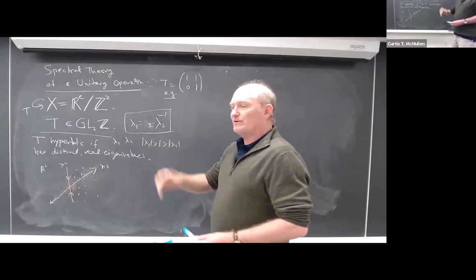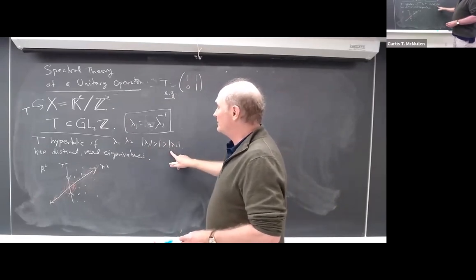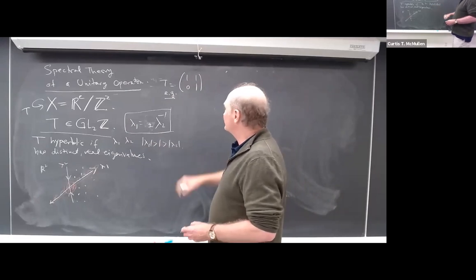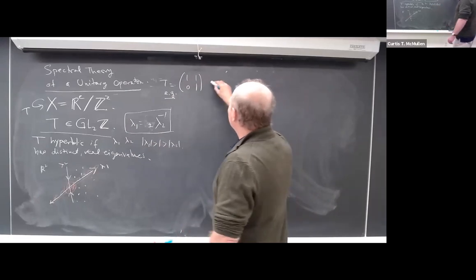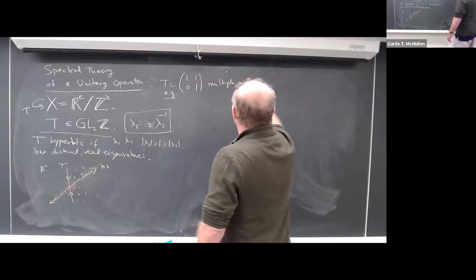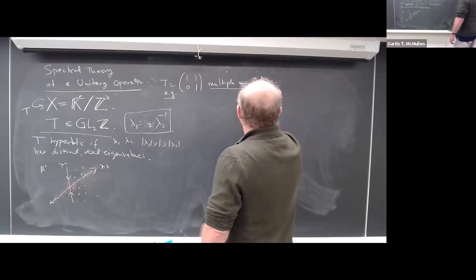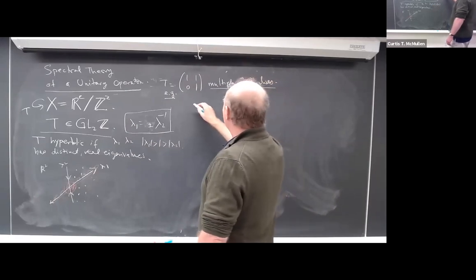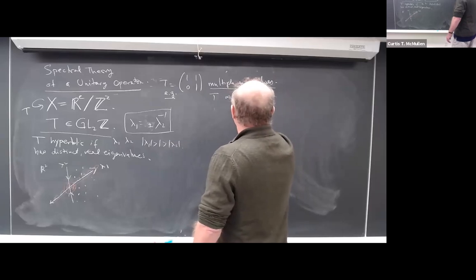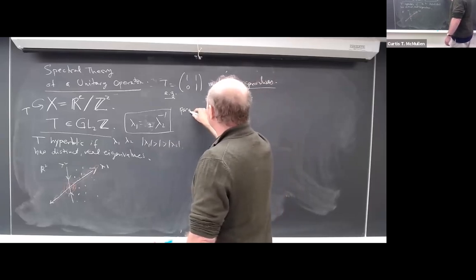Or in other words, you could have a single eigenvalue of multiplicity 2 rather than 2 distinct eigenvalues. And when you have multiple eigenvalues, and T is of infinite order, then T is said to be parabolic.